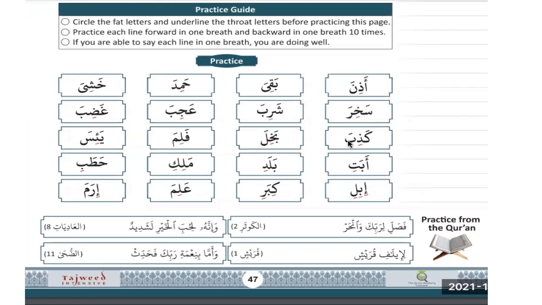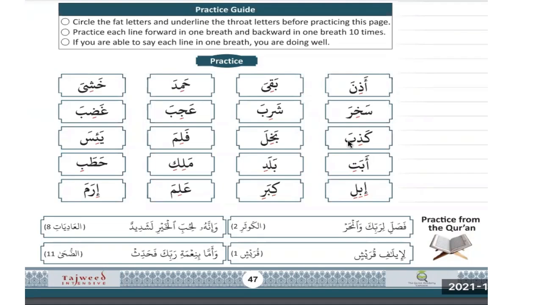Yes, of course it is. But try not to bounce it, not to shake that. Sometimes people make two sounds, a double sound. No, just be firm on this letter and give one firm sound. Ajiba. Ajiba. Say it again.